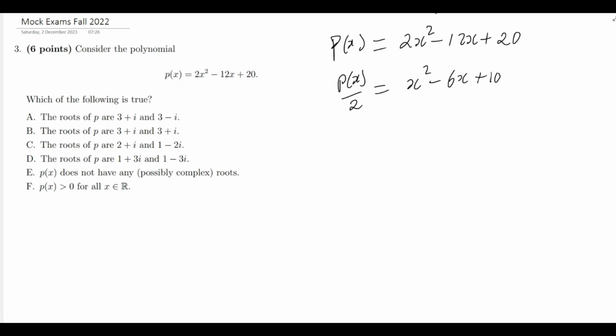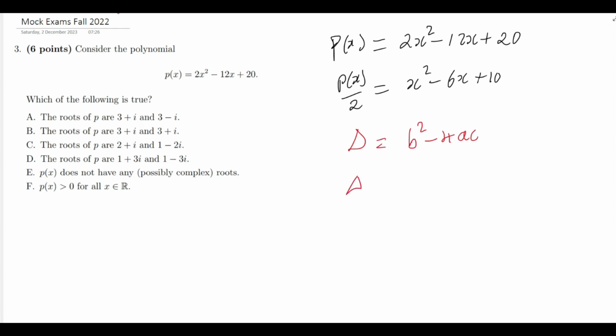To check if the roots of this polynomial exist or are complex, you need to consider the discriminant. The discriminant is given as b squared minus 4ac, and there are properties associated with it.